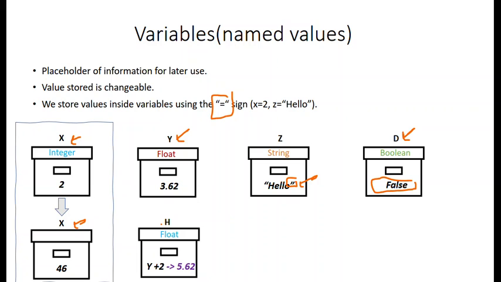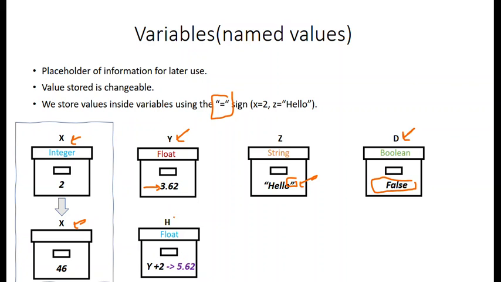Now, inside the variable h, we haven't placed a value or a constant directly. What we did is that we referenced another variable, added a number to it, and then stored the new value, right? So h is equal to y plus 2. What is the value of y? It's 3.62, plus 2 will be 5.62.